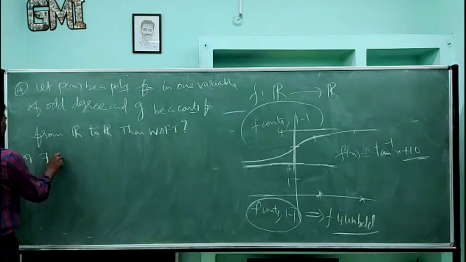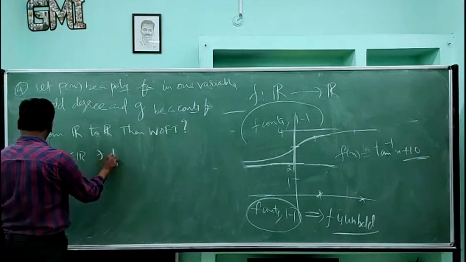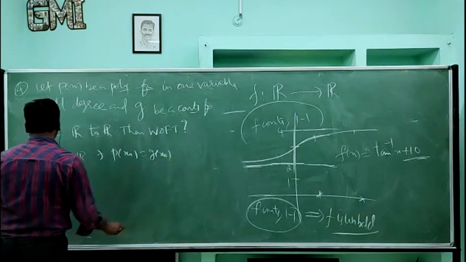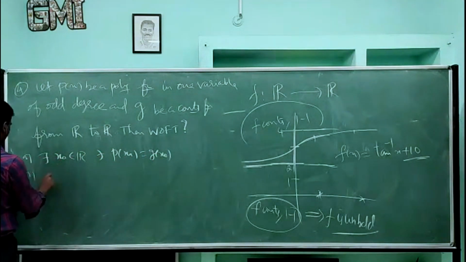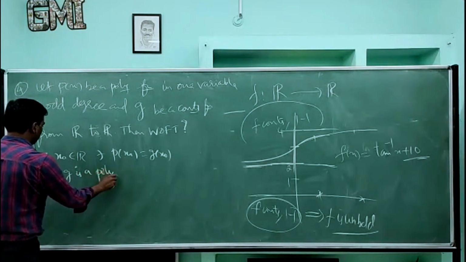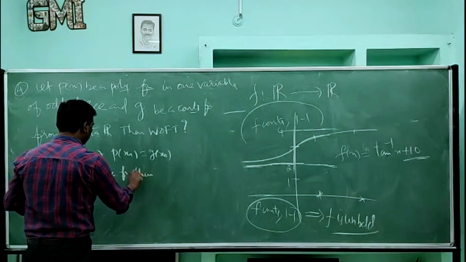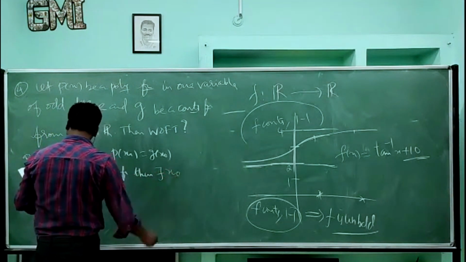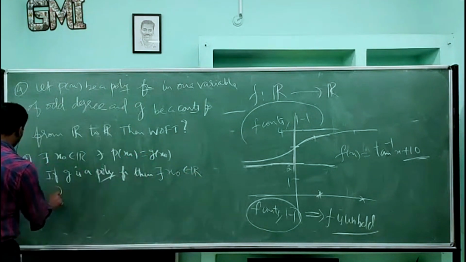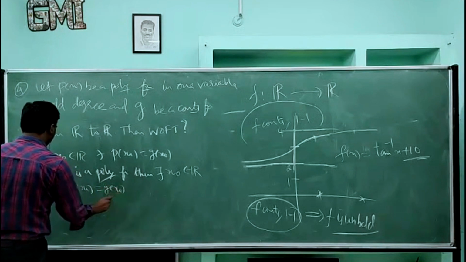Option A: there exists a point x naught in R such that P of x naught equals G of x naught. Option B: if G is a polynomial function, then there exists x naught in R such that P of x naught equals G of x naught.